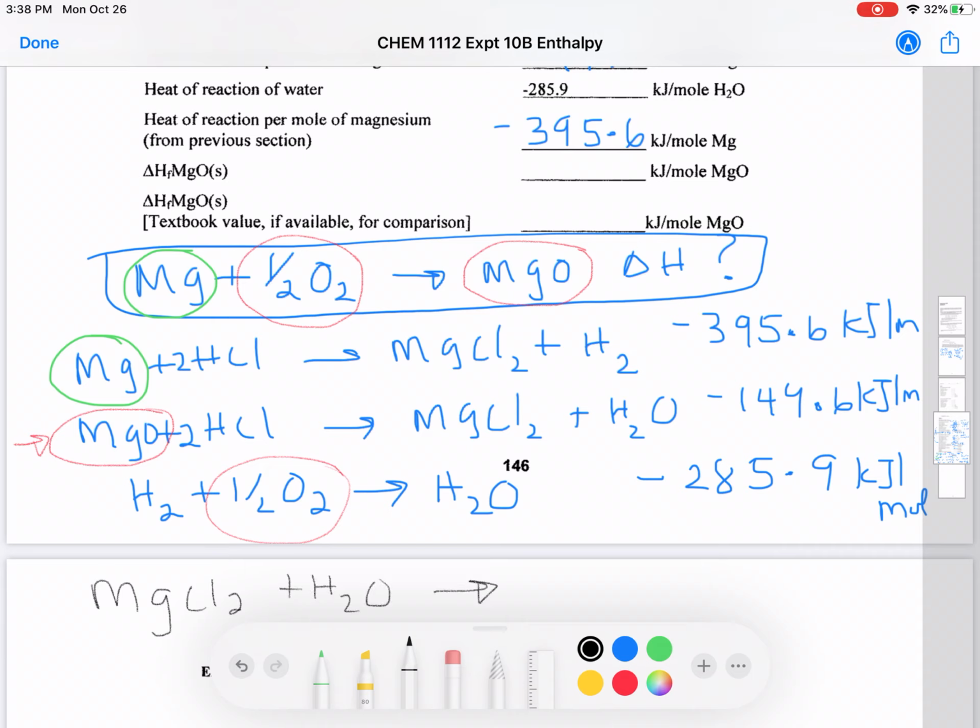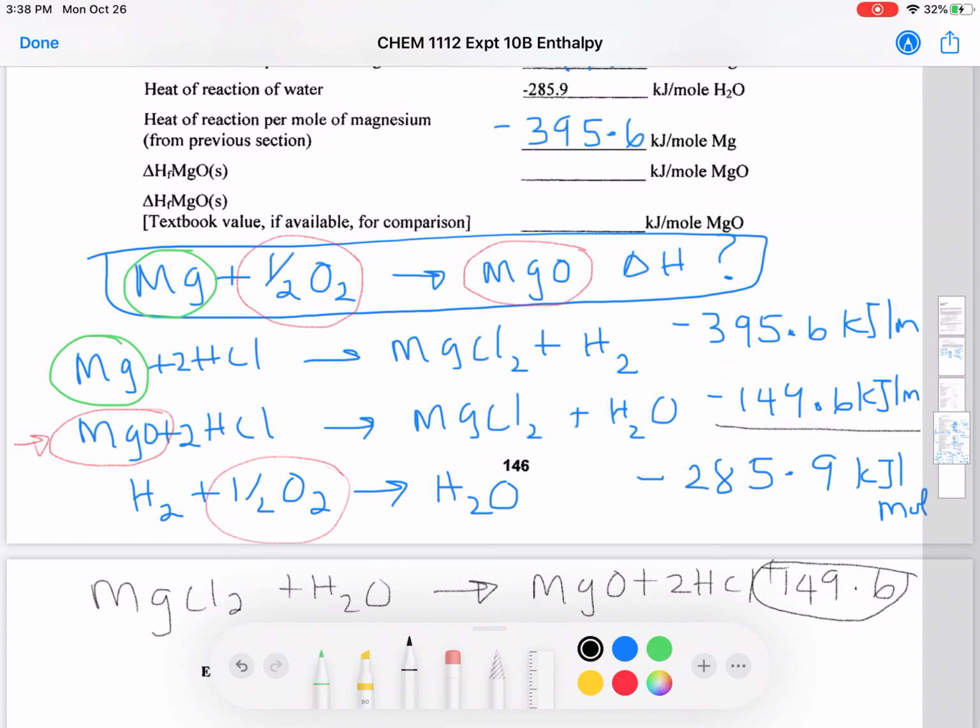I'm reversing that second reaction. MgO plus 2HCl. So when you reverse, what happened to the sign of your delta H? It would become positive, 149.6 positive. Okay, not negative anymore, so that's a positive number.